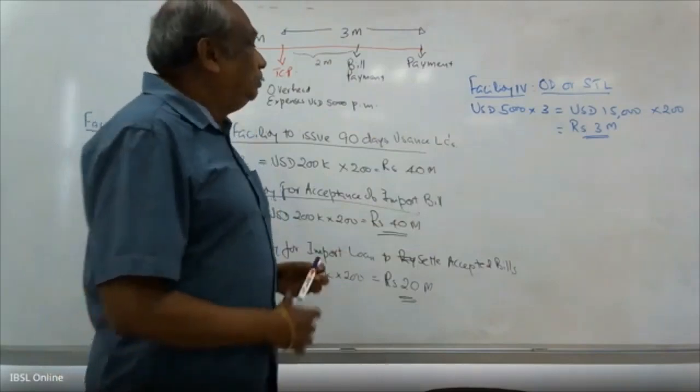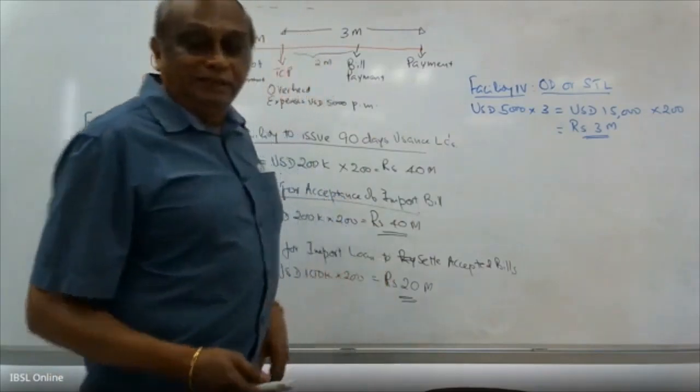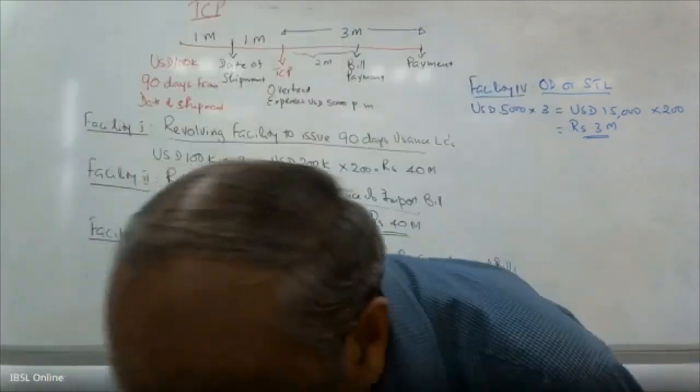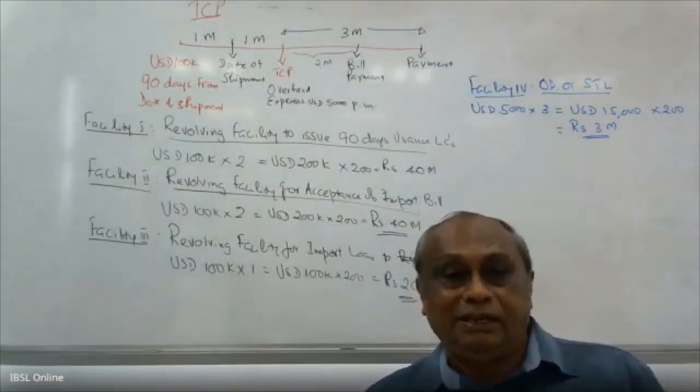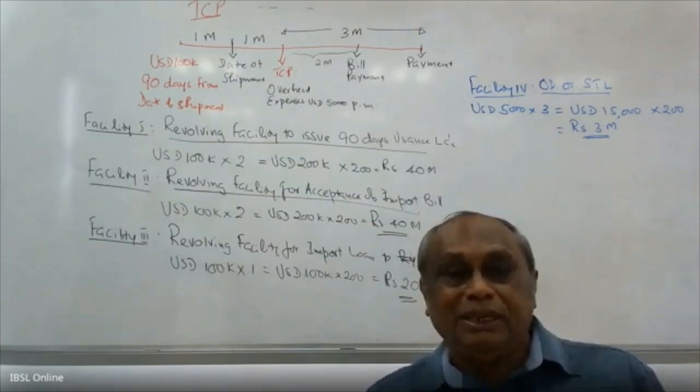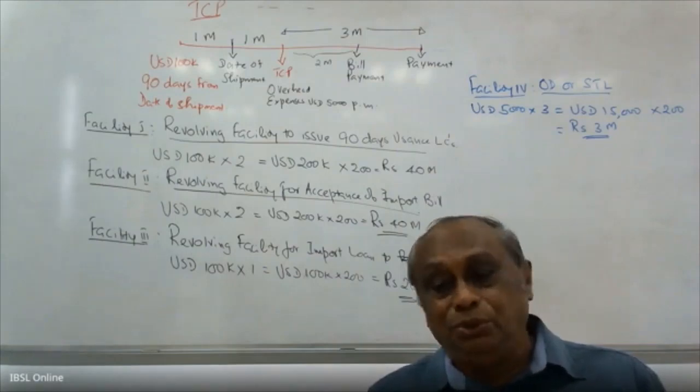That's it. Now the security documentation and the conditions to be laid down. Shall we write the first one? Issuance of LCs.